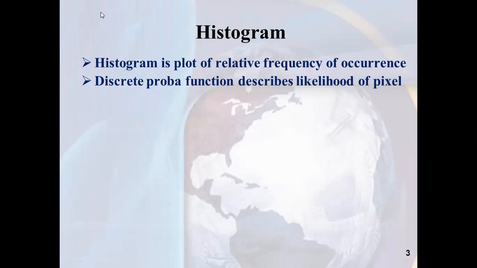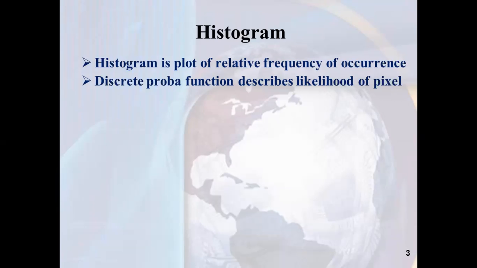If we apply this to an image, we obtain a discrete probability function that describes the likelihood of pixels. For example, for the pixel value 5, how many times is it present in the image? The pixels that have the value 6, how many times are they present in the image?